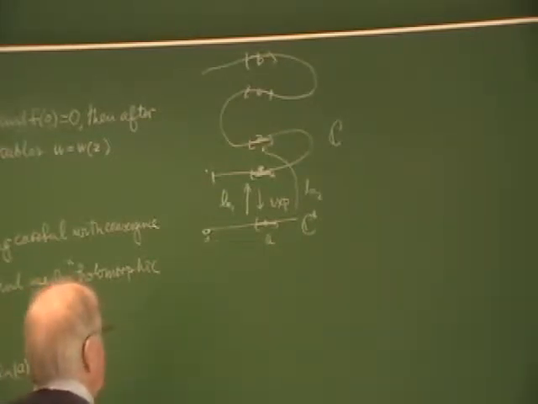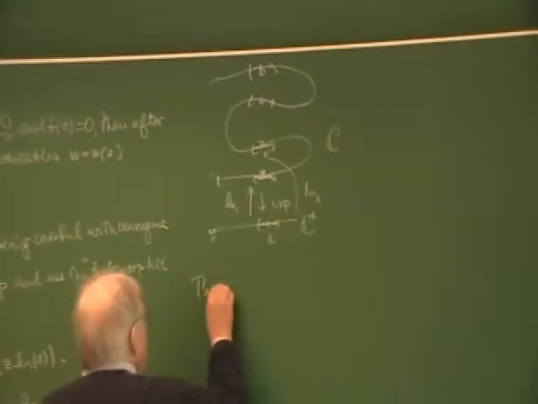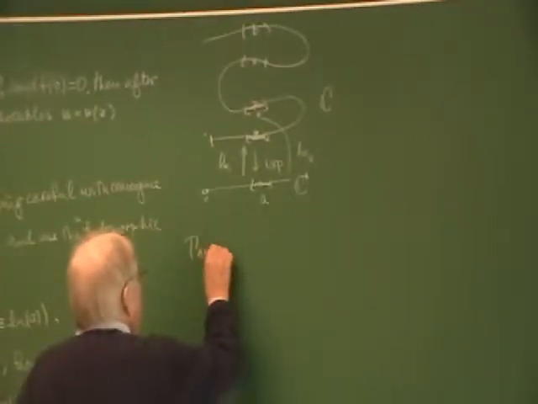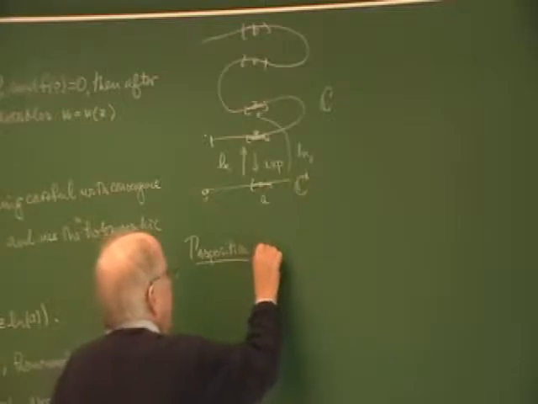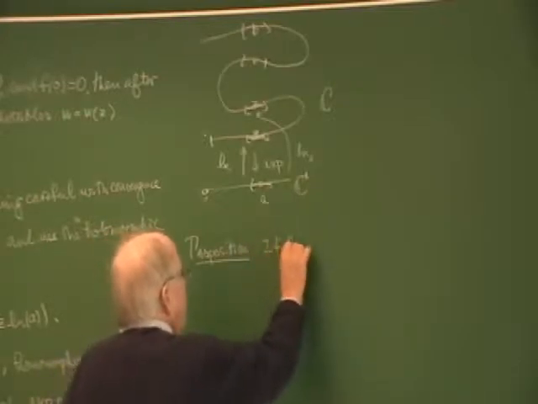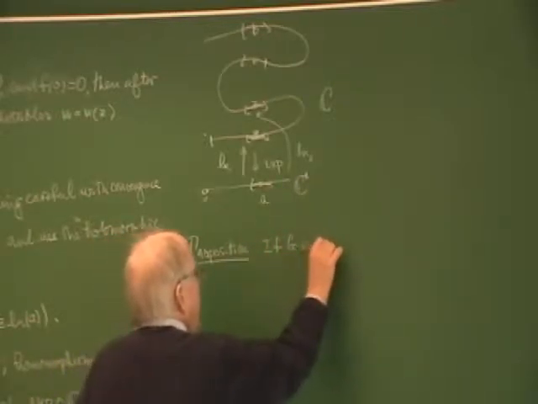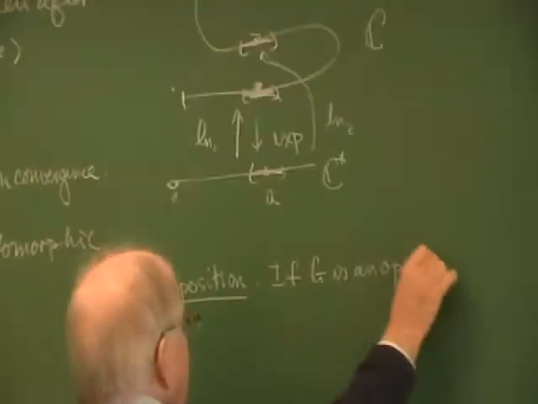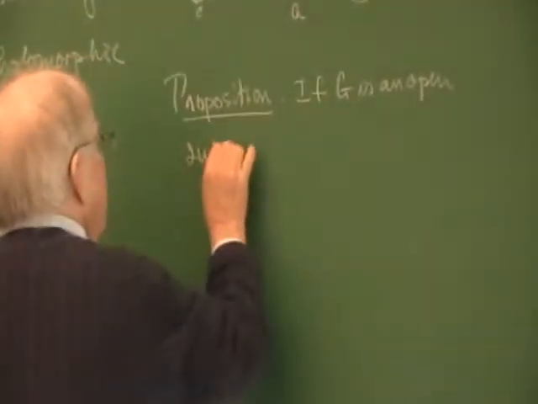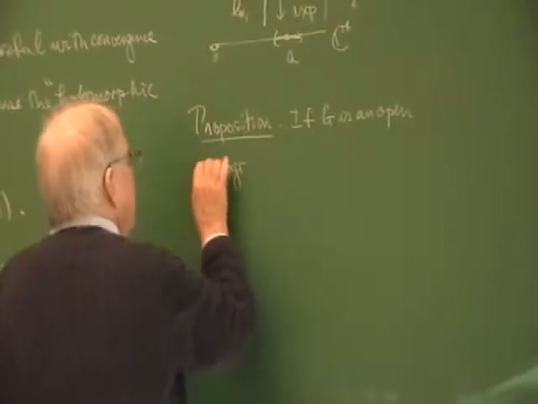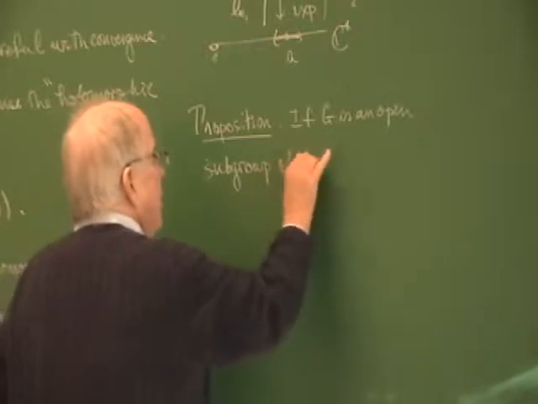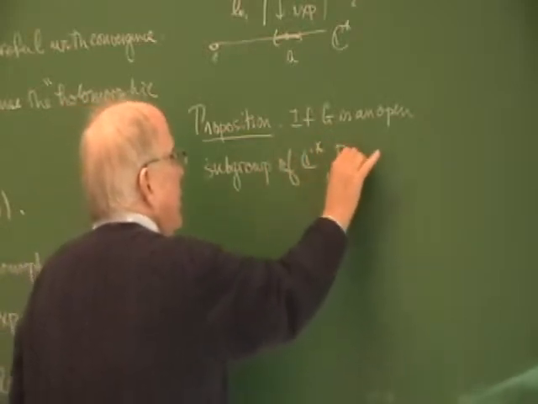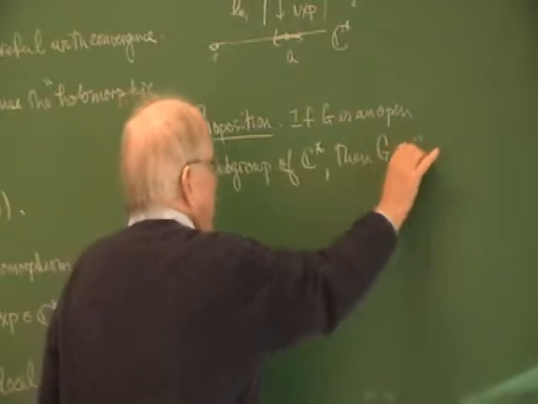So the proposition is, if G is an open subgroup of C star, then G equals C star.